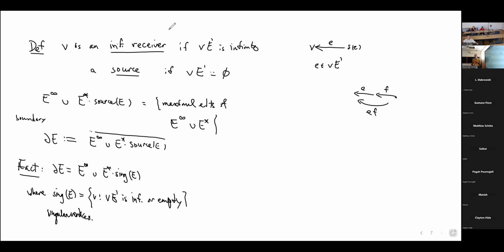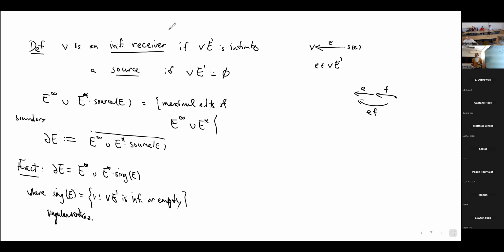Now I'm confused. If source is something which does not emit an edge. Now this is the curse of the English language, where the word source is a noun meaning several different things. So the source of an edge is the vertex where it begins. But a source in the graph is a vertex with the property that nothing ends in it. So there's no edge whose range is v.